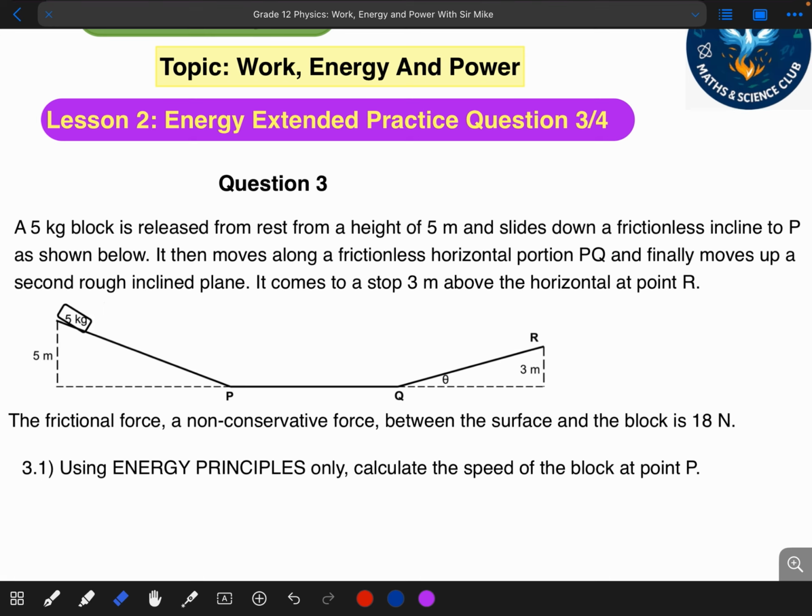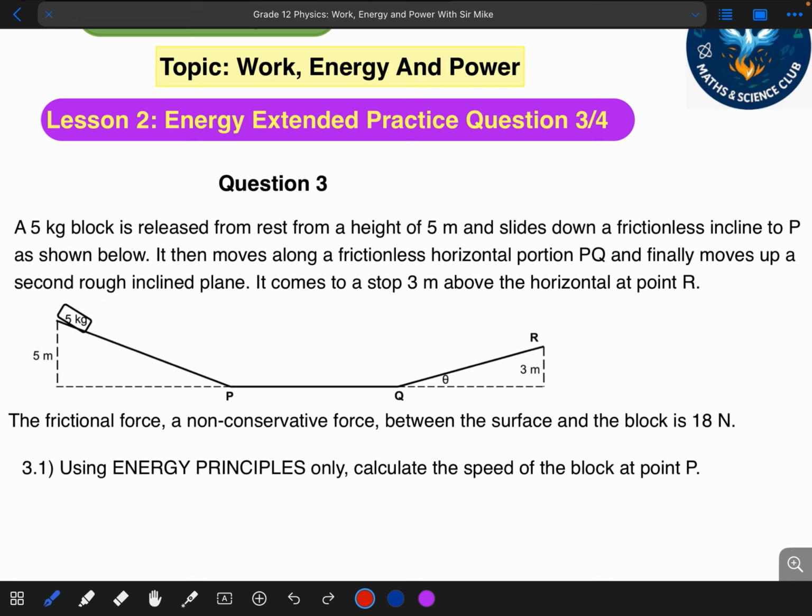That's only if you do not have a frictional force acting on your object, and you do not have tension or an applied force. So this object is simply sliding by itself until it reaches that point, and of course until it reaches point R.